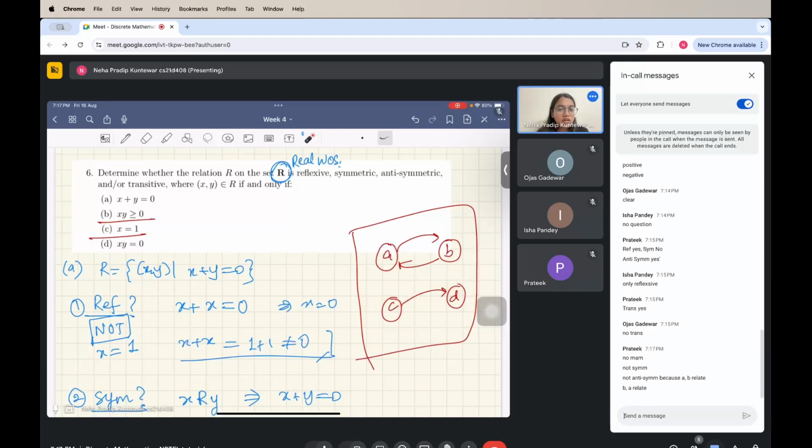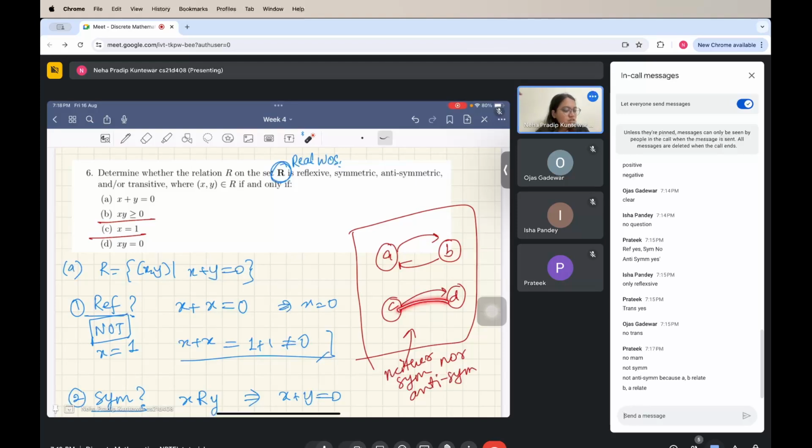So this is a good example for antisymmetry. But at the same time, there is a pair of elements here, AB, where the antisymmetry is violated. So such a relation is neither symmetric nor antisymmetric. The point that I'm trying to make here is that symmetry basically says you must have these double arrows in the graphs everywhere.